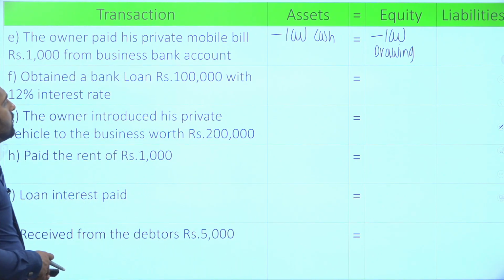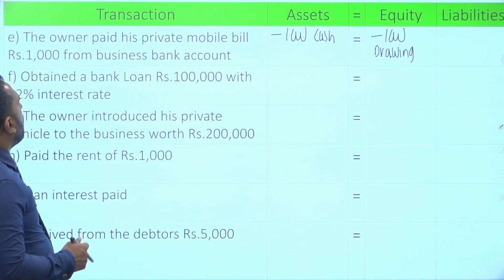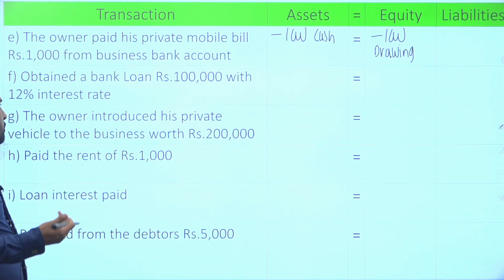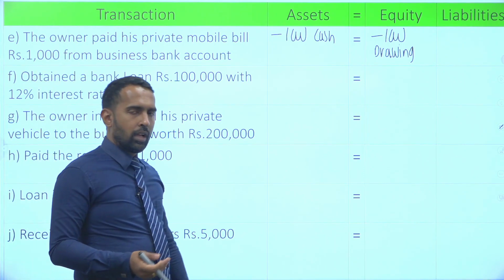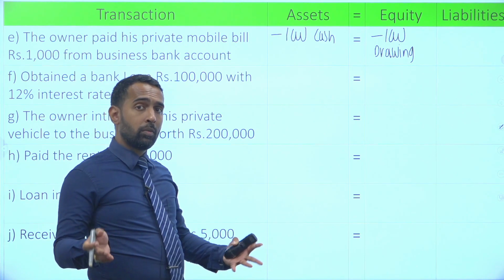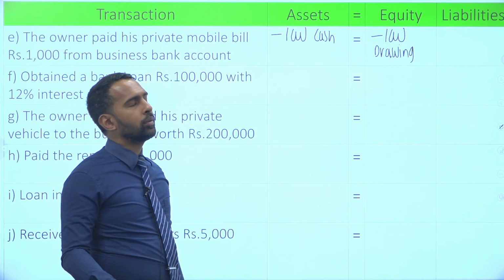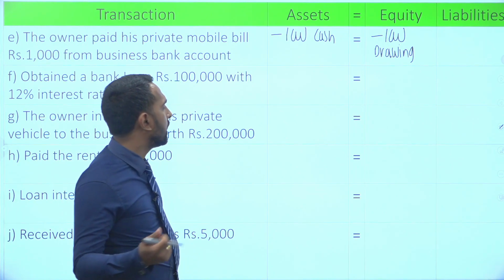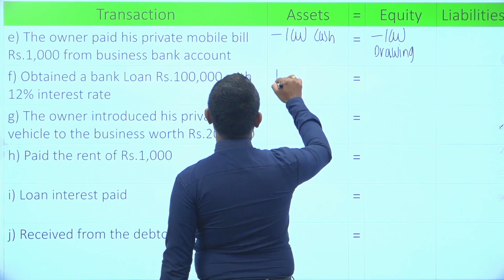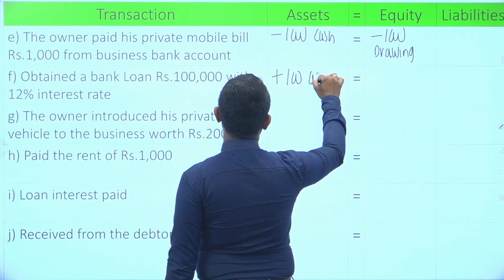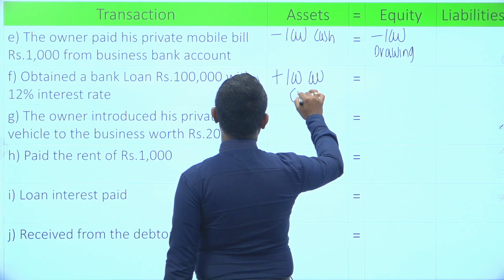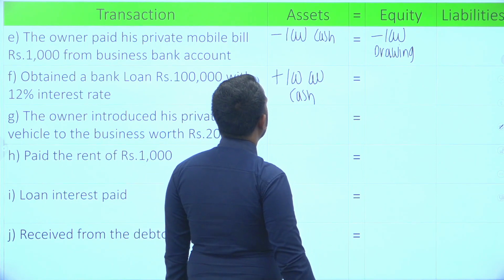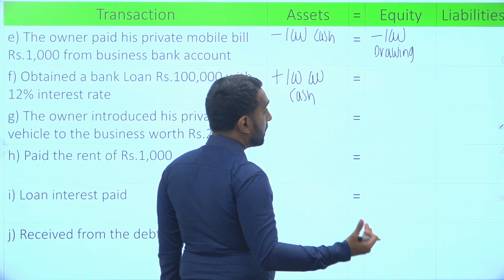Okay. Obtained a bank loan, rupees 100,000, with a 12% interest rate. We are not looking at the interest rate now, we are looking at the loan being taken. When you are taking a loan, you are receiving the cash. So plus 100,000, cash goes up. And on the other side, this 100,000 is a loan.